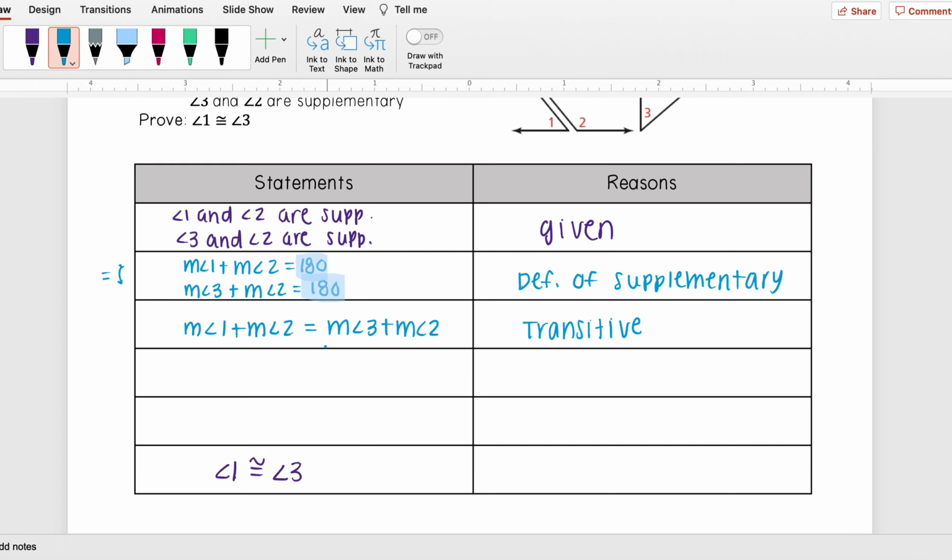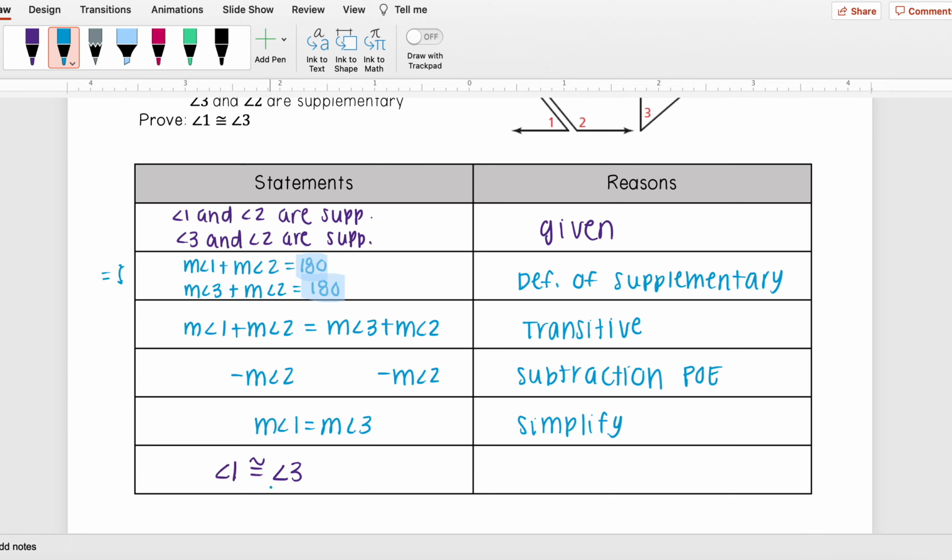And now I want to get rid of my angle 2, so I see that my measure of angle 2 is on both sides, so I can subtract it from both sides. So that'll be my subtraction POE. And so that leaves me with measure of angle 1 is equal to measure of angle 3. And all I did there is I simplified.